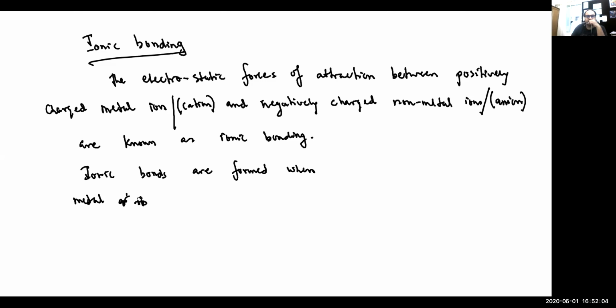Actually, writing electronegative is not necessary for the moment. Ionic bonds are formed when a metal reacts with a non-metal.